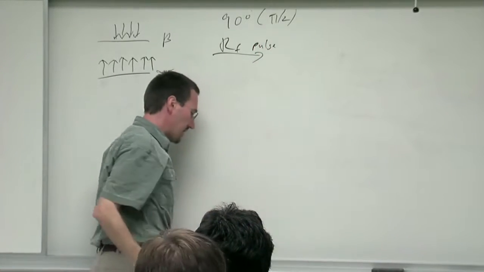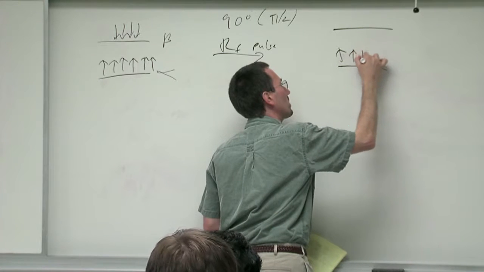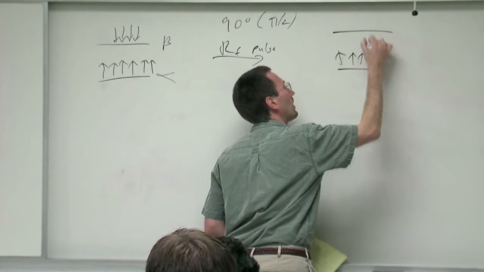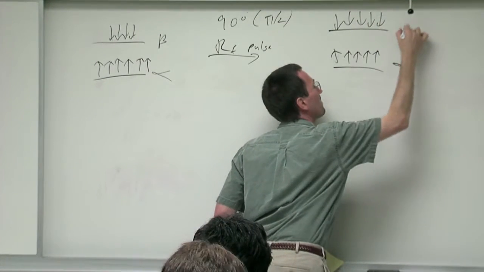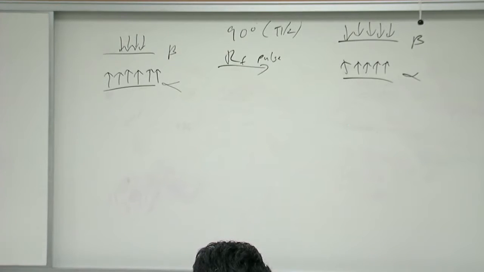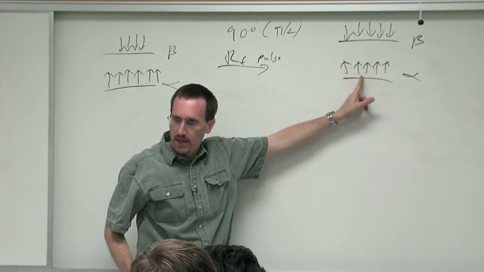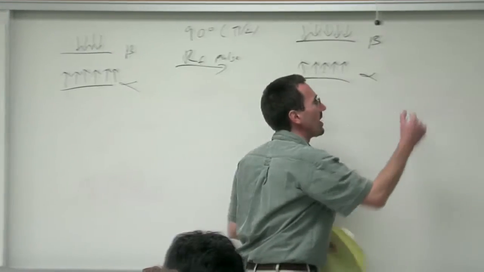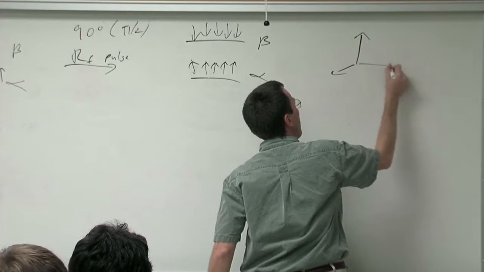What that does is it equalizes the population of alpha and beta state. And so I'll represent that by 5 spin up and 5 spin down. And this situation is exactly the situation that we have at the end of my little drawing over on the left-hand blackboard.